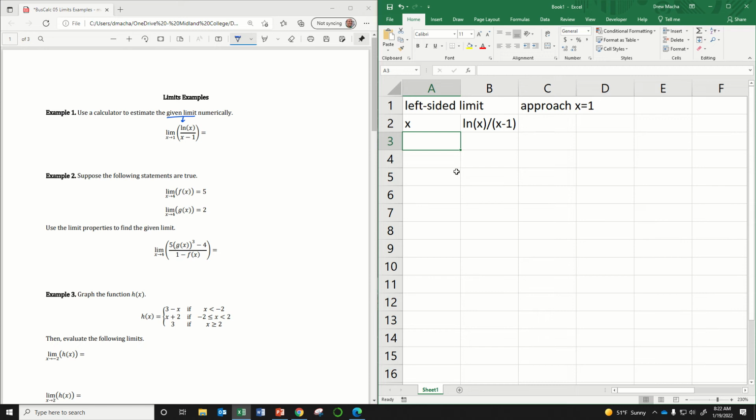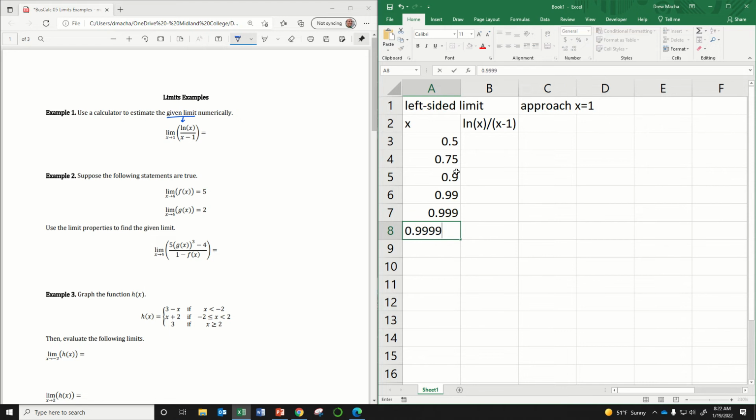And so I'll start maybe from half. Seems like a good number. And then maybe also 0.75. Maybe like 0.9, 0.99, 0.999.